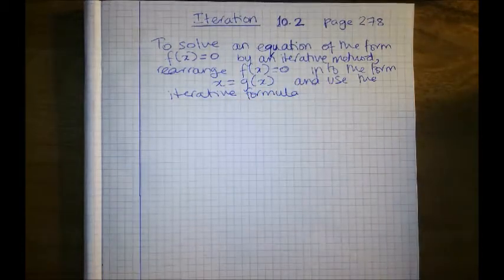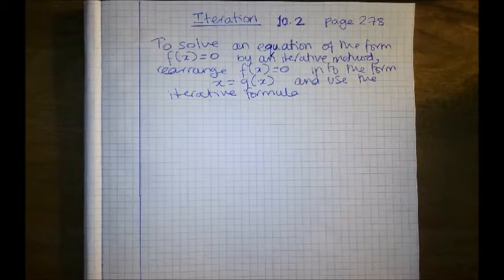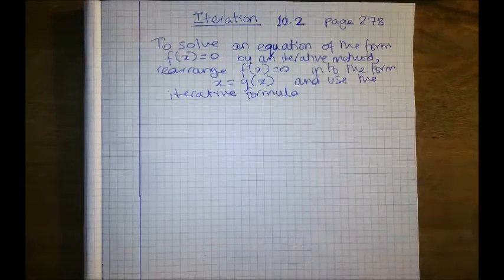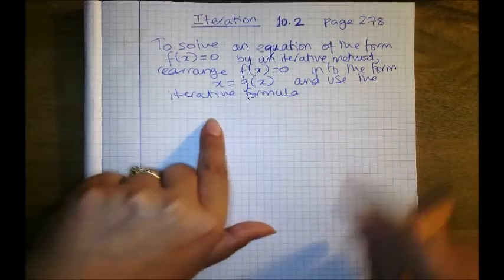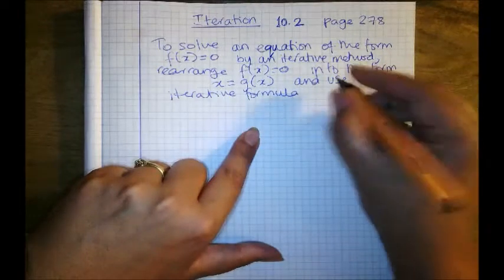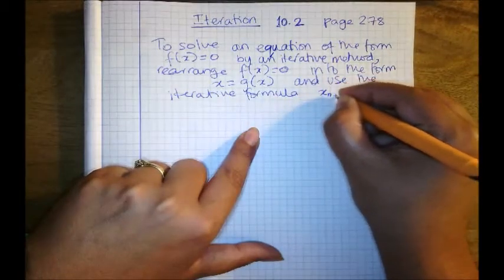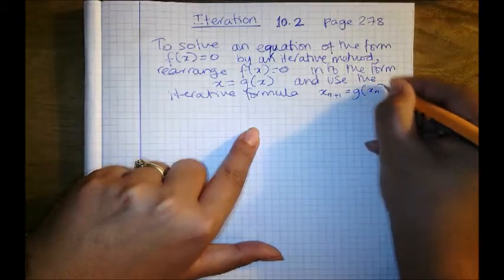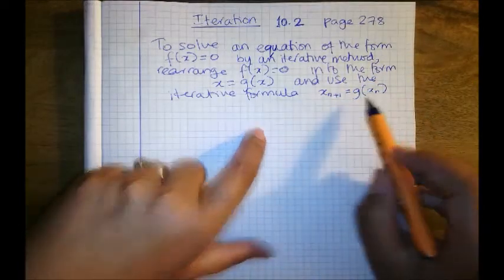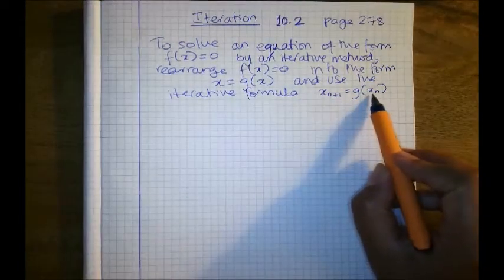Okay, and that form is x equals g of x. So if we have an equation that looks a bit like this, where we've got an algebraic function equal to 0, we're going to have to somehow bring x onto one side and everything else to the other side.